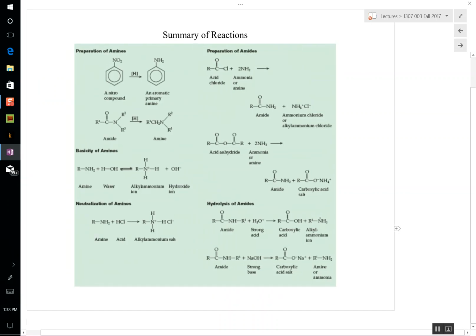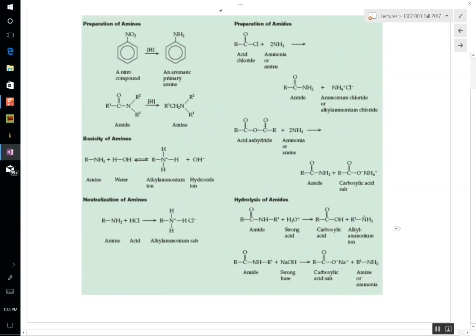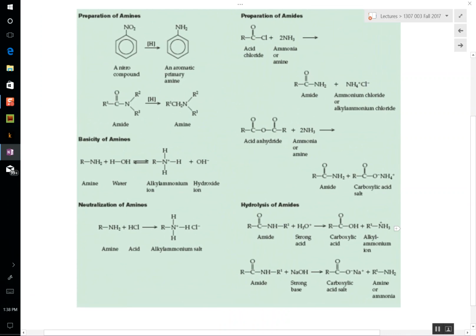Okay, here's a summary of reactions. And so this reaction, and the quat reaction. To make a quat salt, you need to start with a tertiary amine plus methyl chloride.